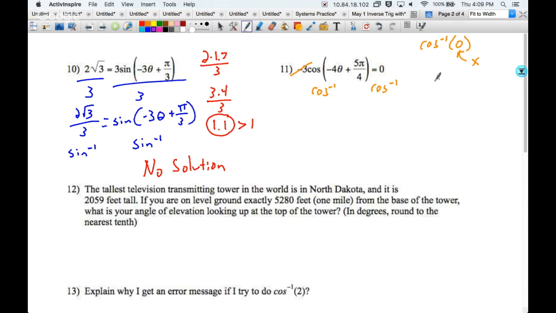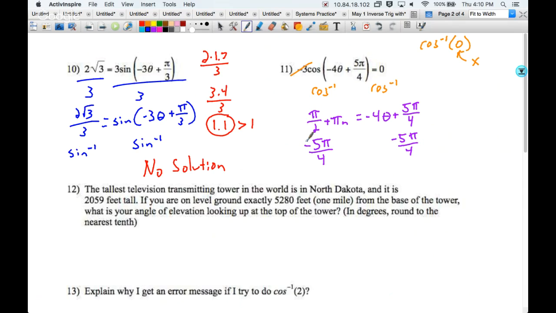This here can be expressed as pi over 2 plus pi n, because they're exactly 180 degrees apart. And then that is equal to -4 theta plus 5 pi over 4. I want to get theta by itself, so I subtract 5 pi over 4 from both sides. I could rewrite this as 2 pi over 4.